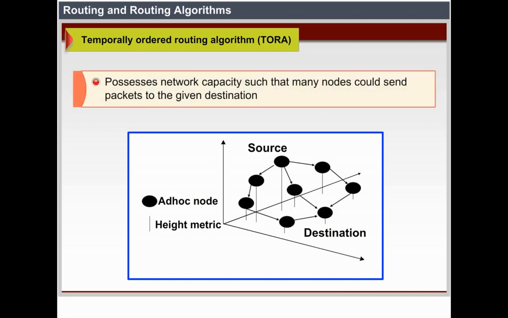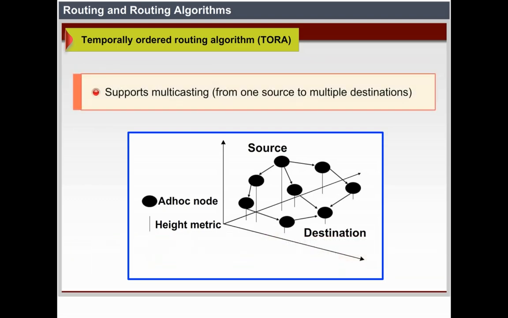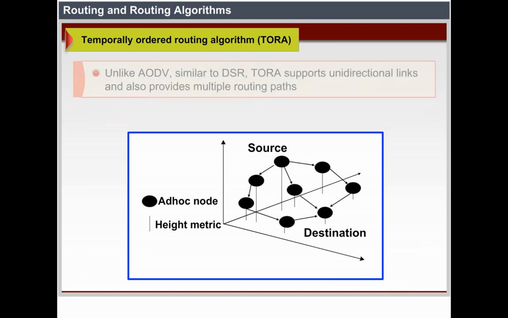Possesses network capacity such that many nodes can send packets to a given destination. Guarantees loop-free routes, no bouncing of a packet to the node once it transmits to intermediate hops. Supports multicasting from one source to multiple destinations.